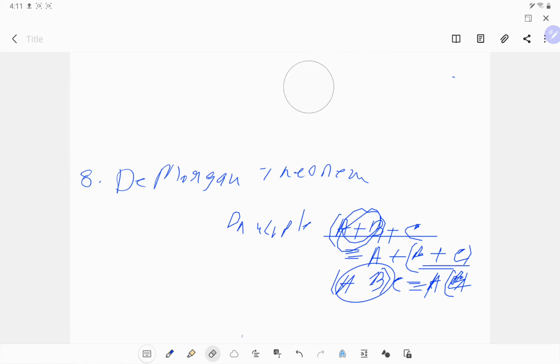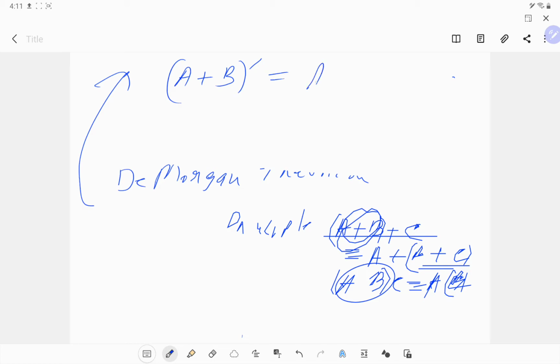The De Morgan theorem is: (A plus B) whole prime equals A prime B prime.